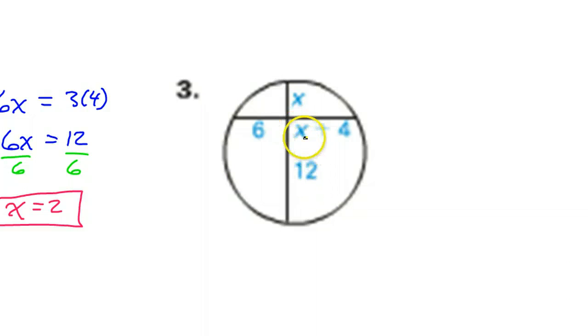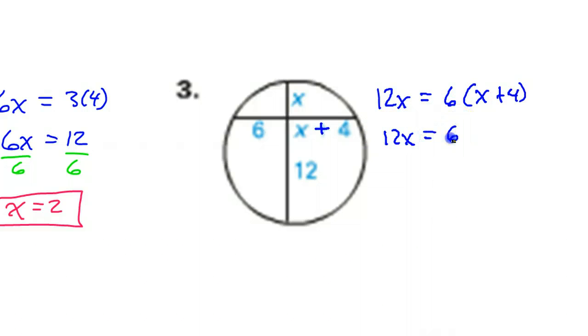Alright, problem number 3 gets slightly more complicated. Part times part, so I could do x times 12, which is 12x, but that equals part times part. That equals 6 times x plus 4. Alright, that is a plus in there, it's hard to see. So we have x's on both sides is all, so that's going to give us 12x is equal to 6x plus 24.